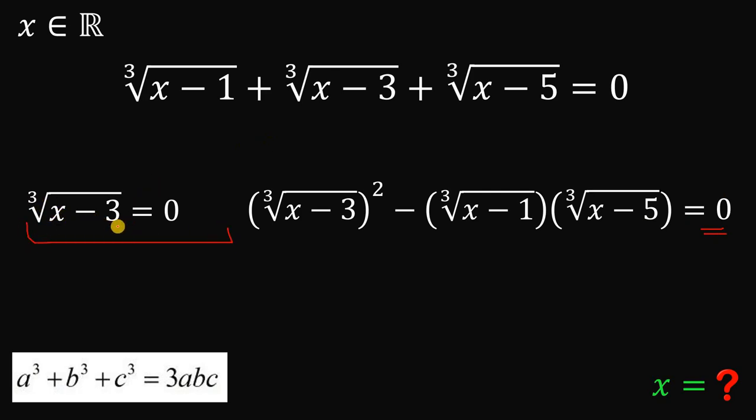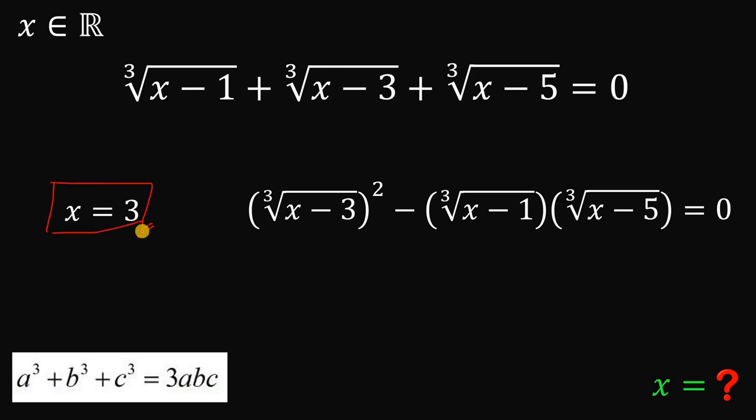That is cube root of x minus 3 equals 0. If we cube both sides, we get that x minus 3 must be equal to 0. Let's add 3 on both sides. We get that the value of x must be equal to 3. That is our first real value for x.